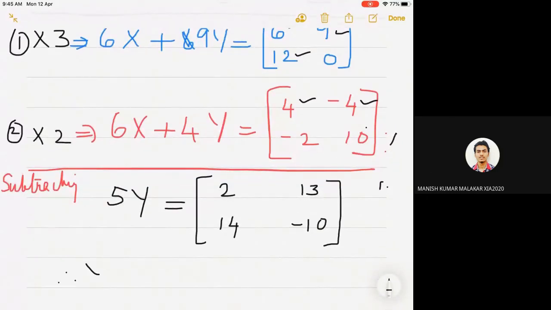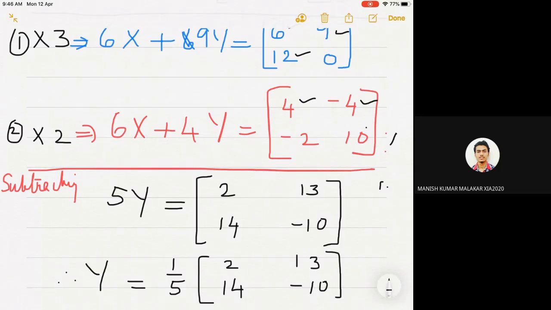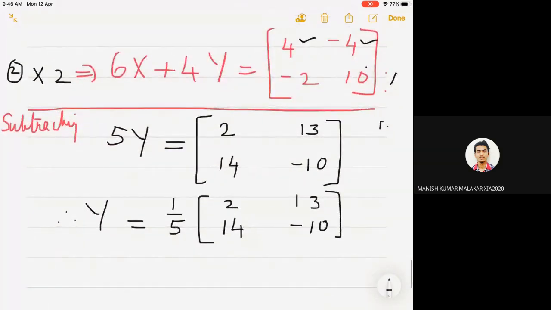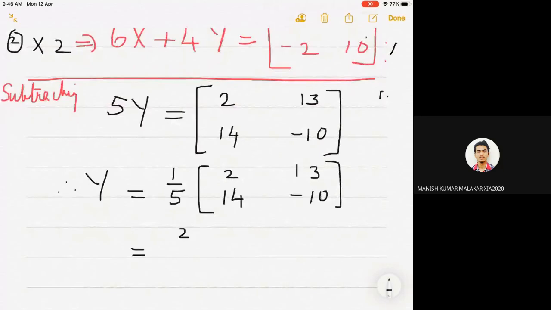Therefore y is 1 by 5 of [2, 13, 14, minus 10]. That is a scalar multiplication, so every element of the matrix: 2 by 5, 13 by 5, 14 by 5, minus 10 by 5, or it is 2.